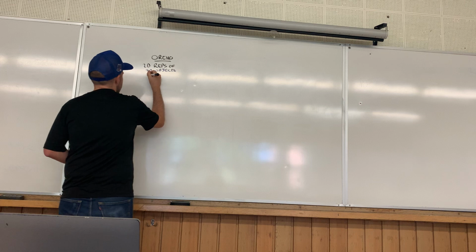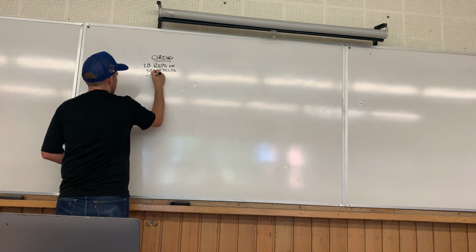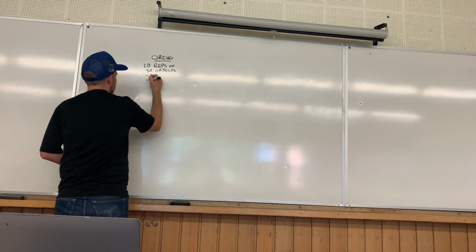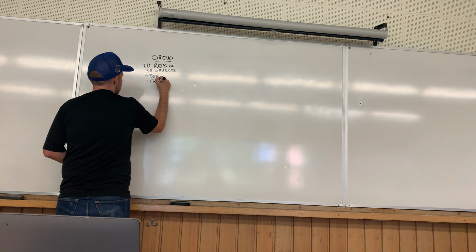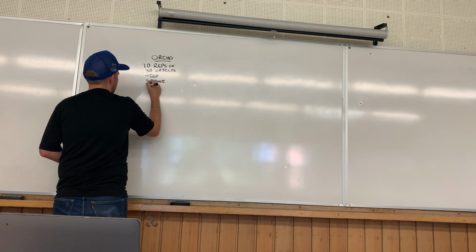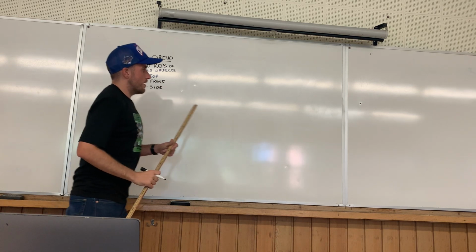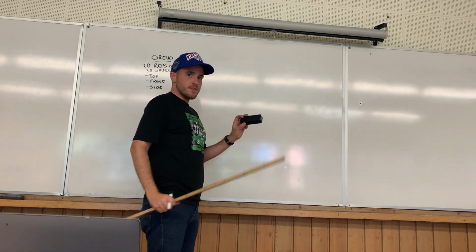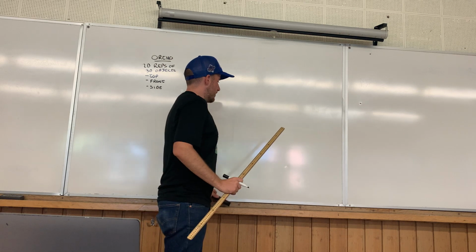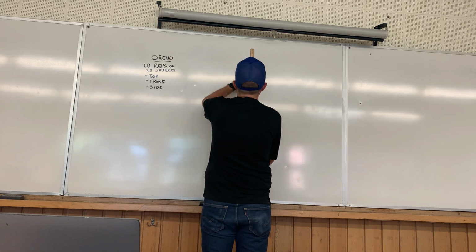So, a couple things. We're going to draw the top, the front, and the side. And let's actually take this through for an example. So if you'll remember, this is how we set up the page.